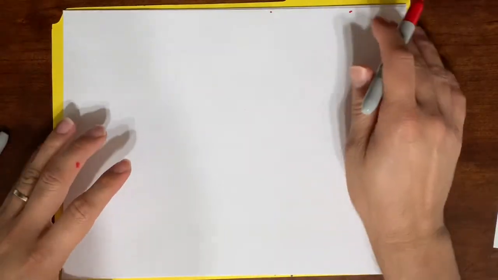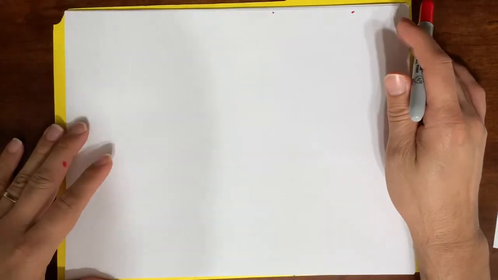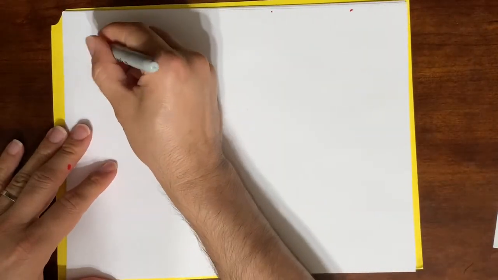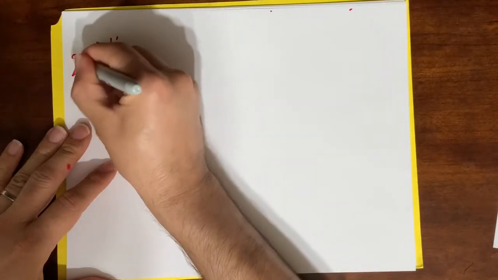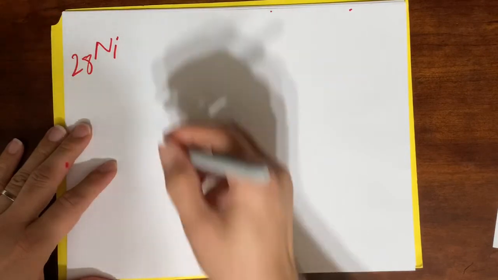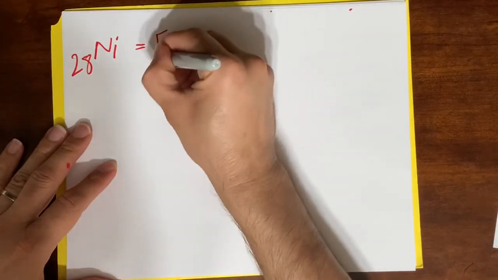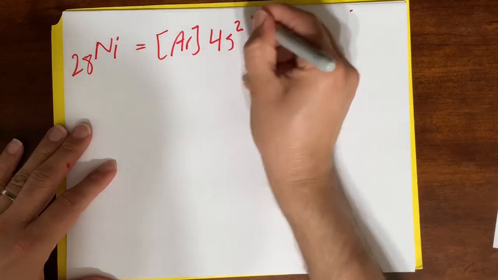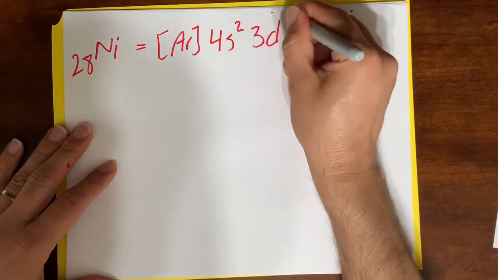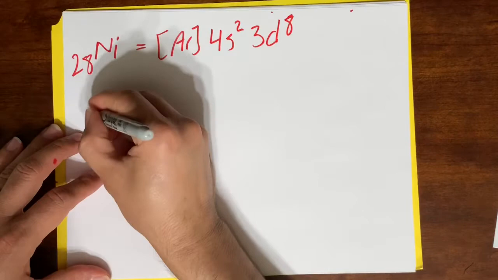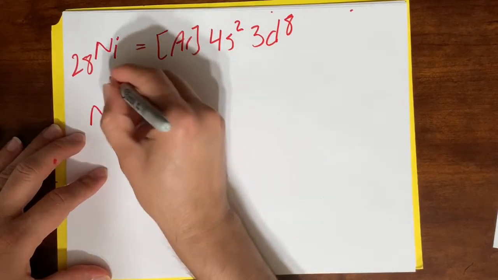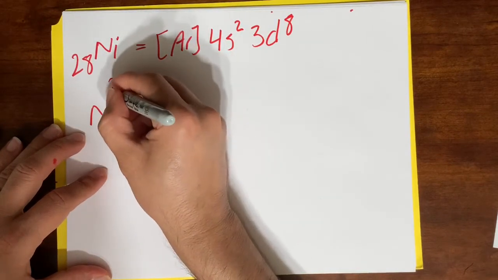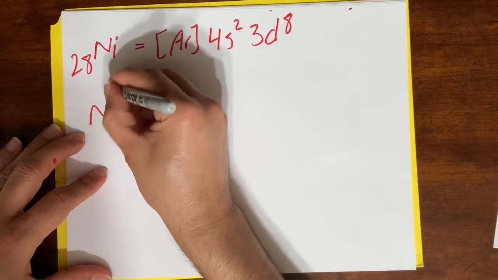Now I want to add or take electrons from a transition metal. Let's say we have nickel, 28 electrons, and the electron configuration is argon 4s2 3d8. I want to take an electron from it. Let's say take just 1 electron, so plus 1.